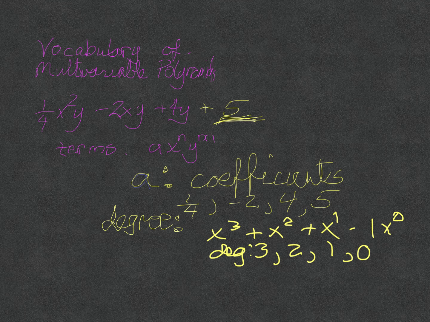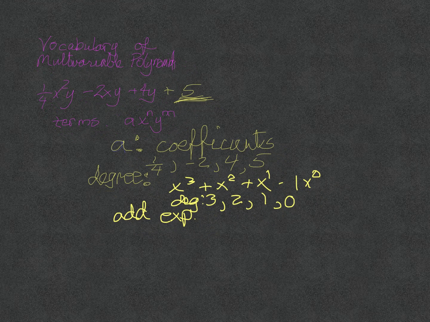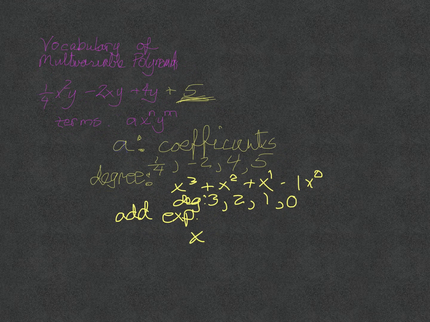And so in normal single variable polynomials, the degree is the exponent on the variable term. However, when we get to multivariables, if we have 2 or 3 or 4 variables, what we need to do is add the exponents to get the degree. And so if we have an x squared y, that's really x squared y to the first.